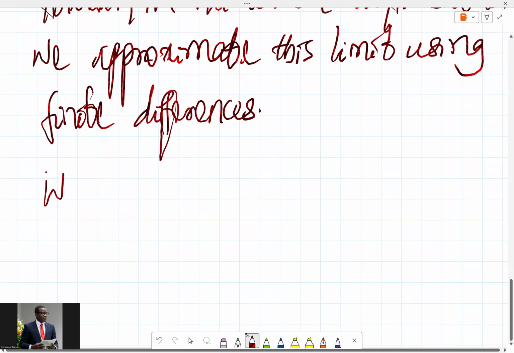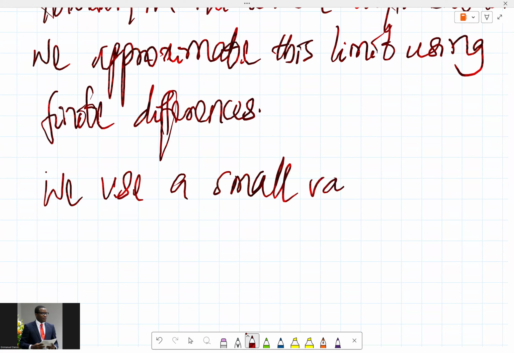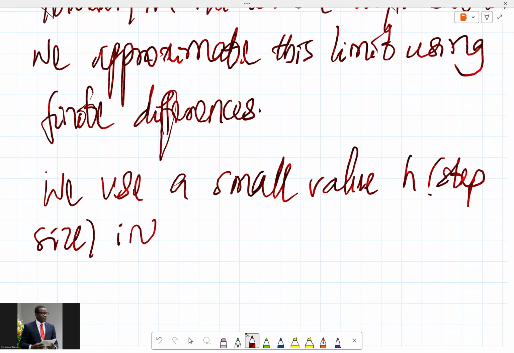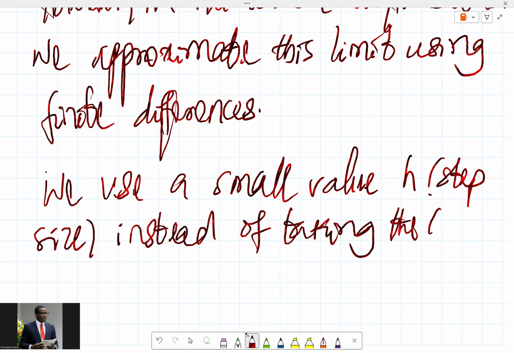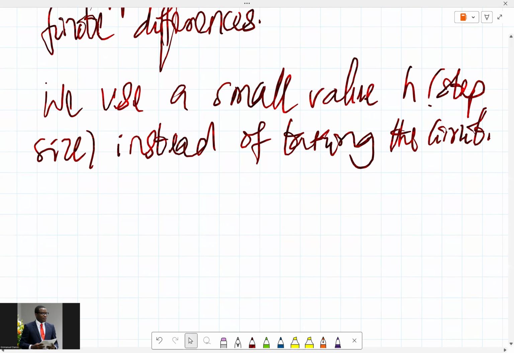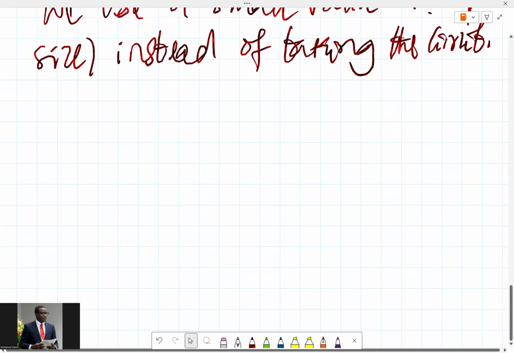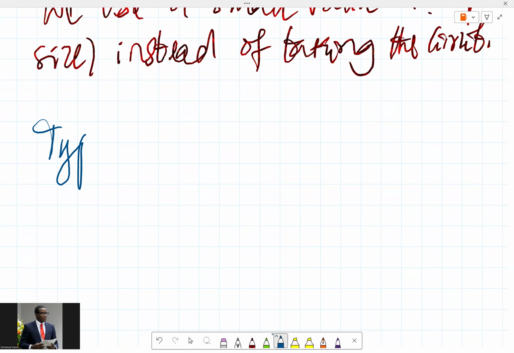In that, what we do is we use a small value h, known as a step size, instead of taking the limit, because we probably do not have a particular function we can hold on to, but we have data points. So let's talk about types of finite differences.